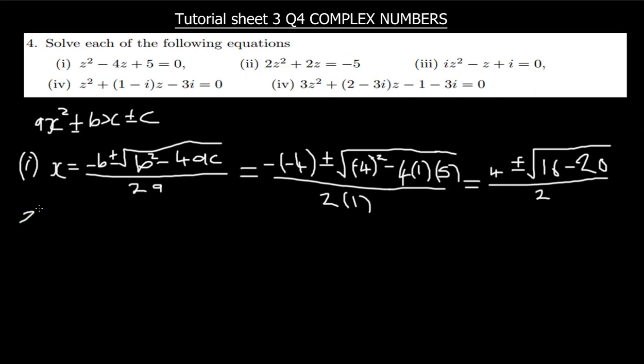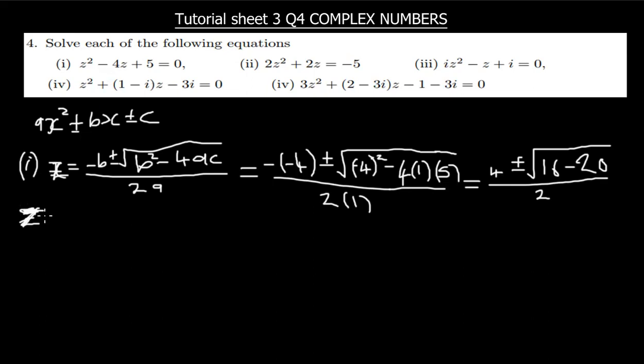So my x, sorry, this time we're not finding x, we're finding z. We're not dealing with x. So my z, you take the variable that is in the equation.